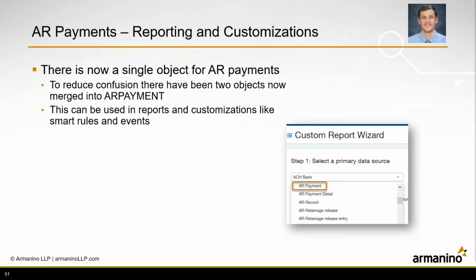Both were referencing AR payment, but both had different fields and different things that they were referencing specifically within an AR payment. In this release, those two have been completely merged, and you're just going to notice it as AR payment as a whole. Again, this is to reduce some confusion and make sure you are selecting the right thing. You don't need to question, am I choosing the correct AR payment object here? You'll know that this one is just the correct one.